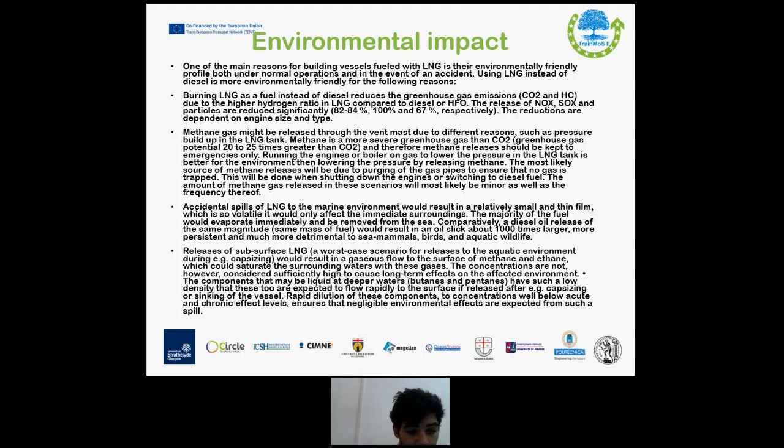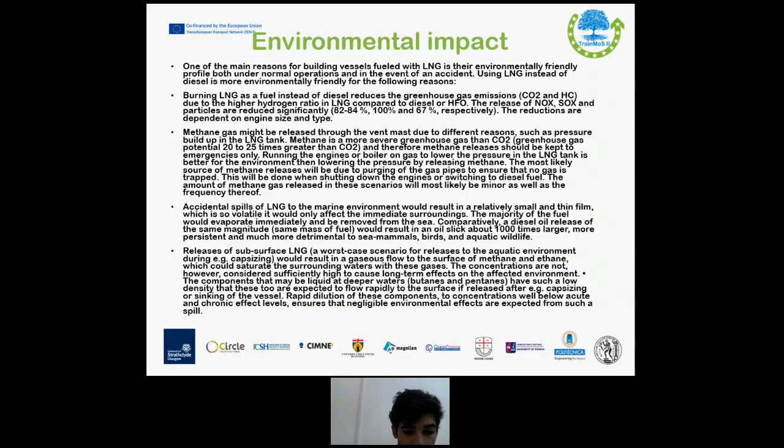Releases of subsurface LNG, a worst-case scenario for releases to the aquatic environment during capsizing, would result in a gaseous flow to the surface of methane and ethane, which would saturate the surrounding waters with these gases. The concentrations are not, however, considered sufficiently high to cause long-term effects on the affected environment.